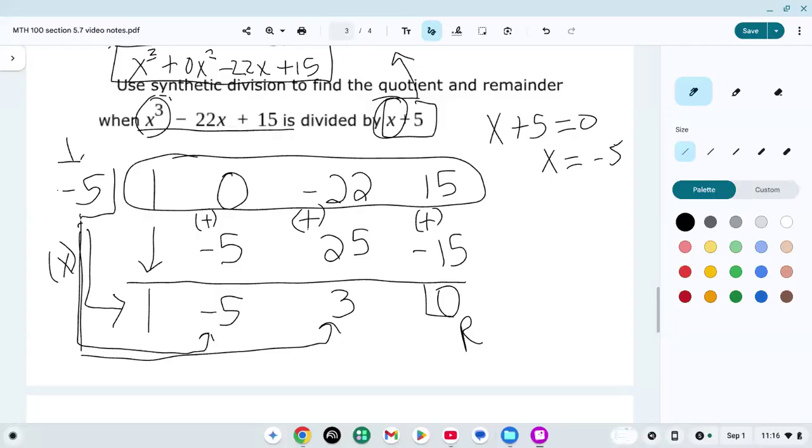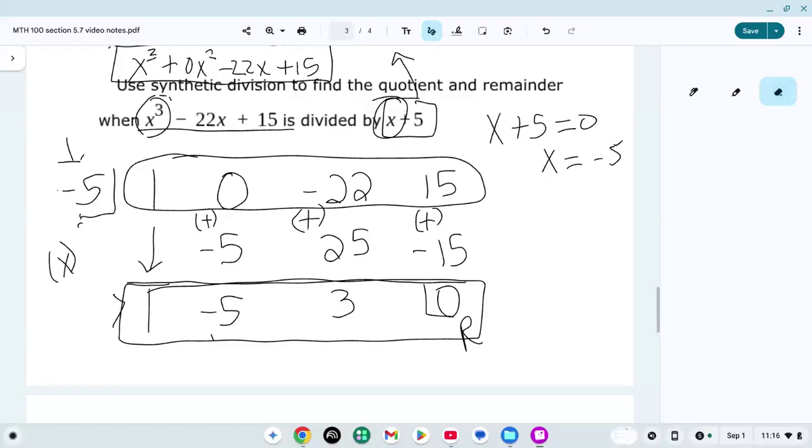The cool thing about using synthetic division is that your answer will always be one exponent less than what you started with. So we started with an x to the third, and our answer will start with an x squared. So these numbers represent the numbers that will go back in front of my x values.